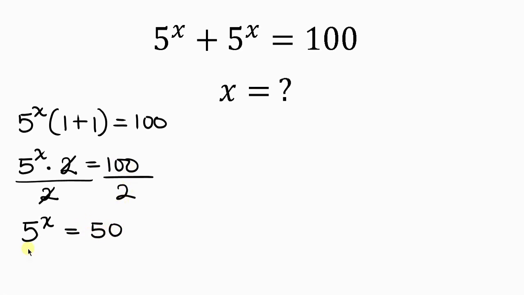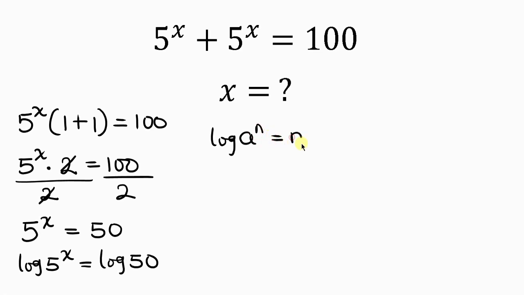Now our next step will be for us to take the log of both sides. So I'll take the log of the left-hand side, which is 5^x. This is equal to, I'll also take the log of the right-hand side, which is 50. Now, our next step will be for us to apply the law of logarithm, which says when I have the log of a to the n, this is same as n log a.